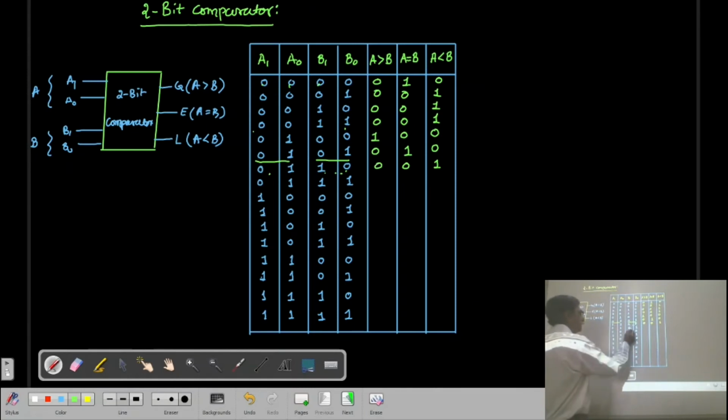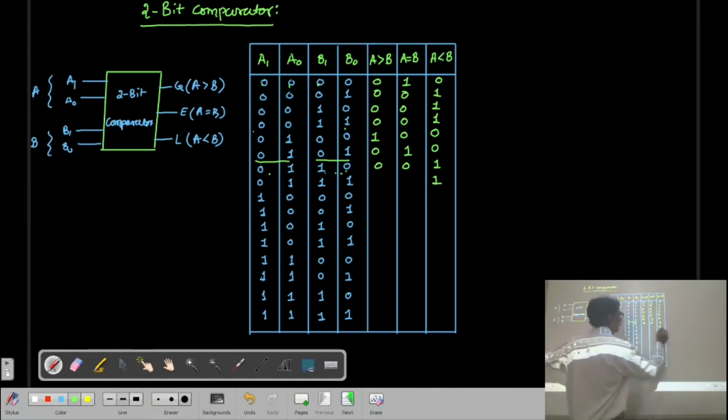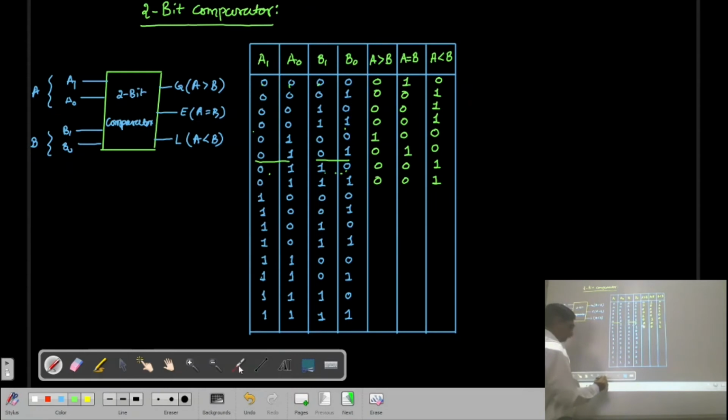Again, if you see the next combination, B is high and this is 0 0. Now in this combination, 1 0 is there and 0 0. So A is high and these two will be 0.